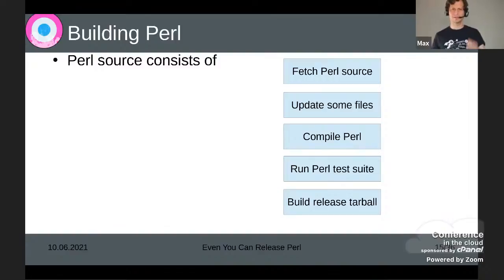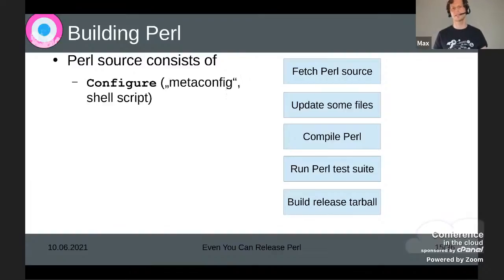But to take a closer look at this, there are some finer details. The Perl source code consists of the configure script, metaconfig. This is a shell script that runs as the first step of Perl compilation. Then the C source code that is somewhat modified by configure.